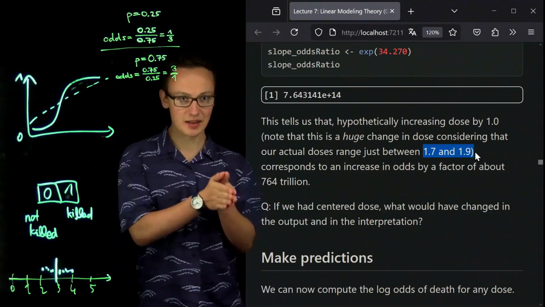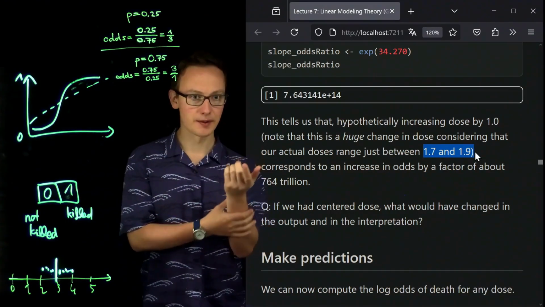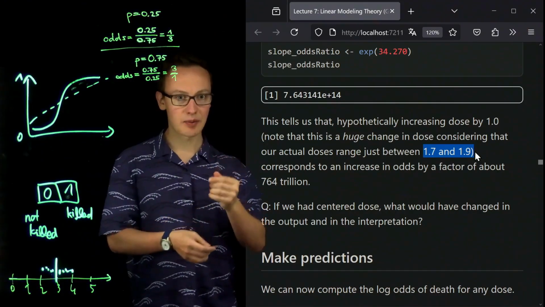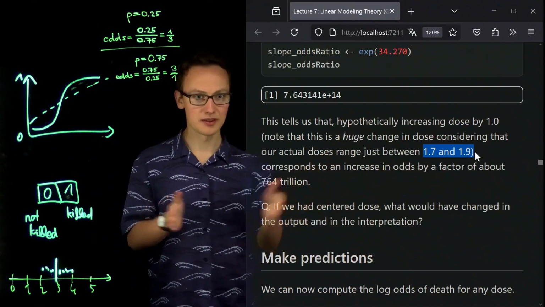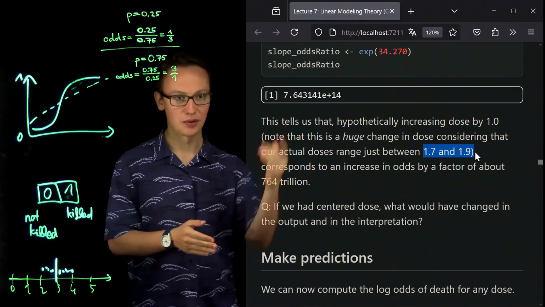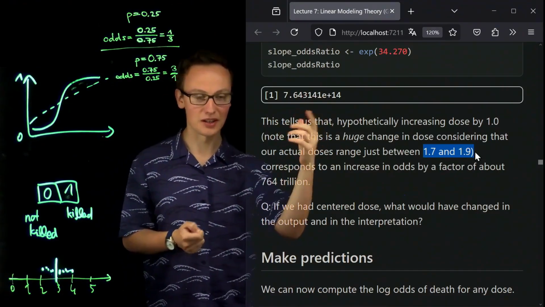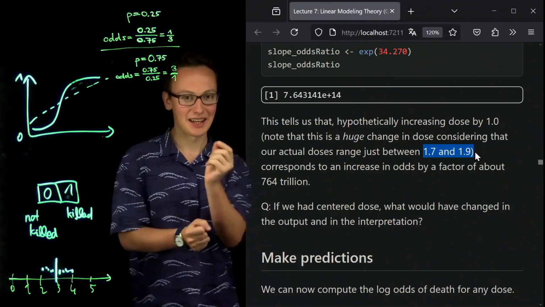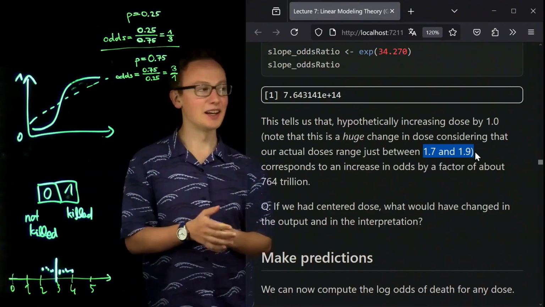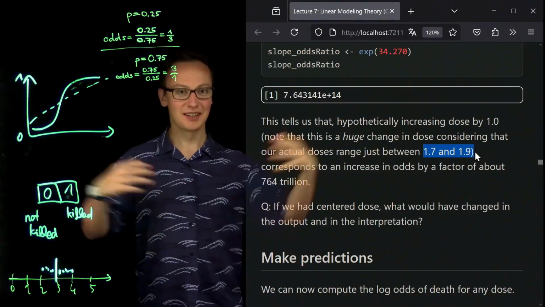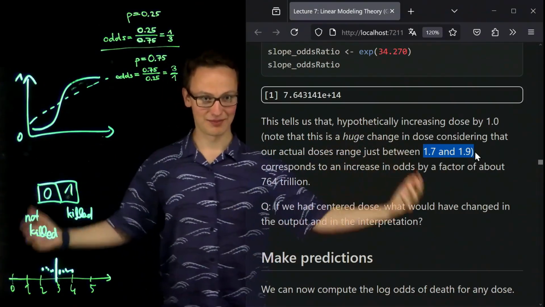And we're now asking the model to give us a slope which represents going up by 1 entire unit on this scale of dose. So that's understandably very large, and that's why our odds ratio here turns out to be really big, because it's not about a plausible or pragmatically relevant amount of change in the dose, but about this hypothetical really large change in the dose.